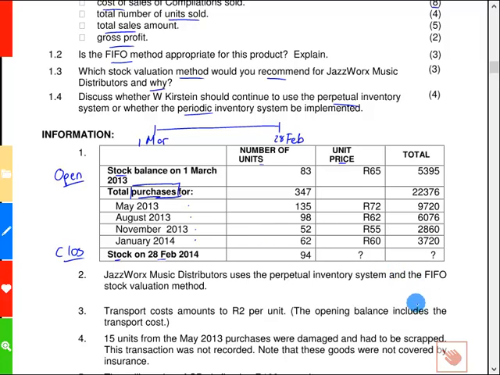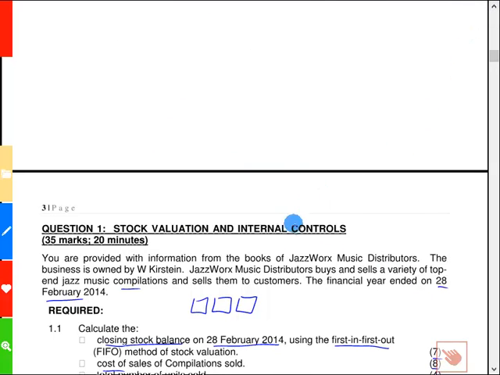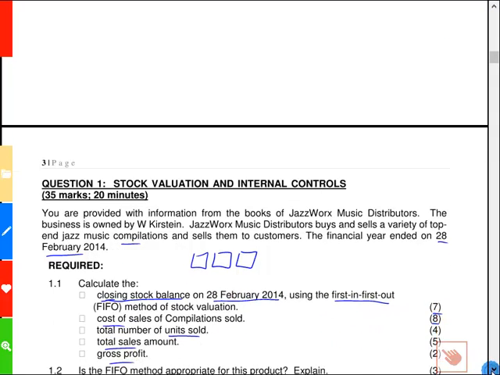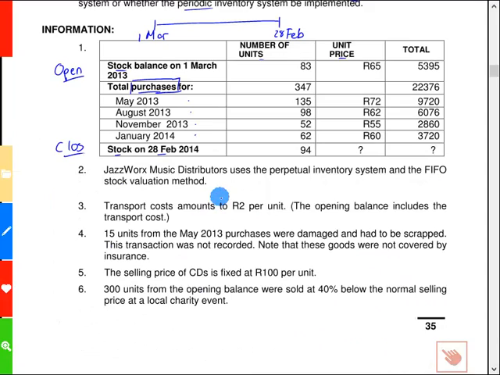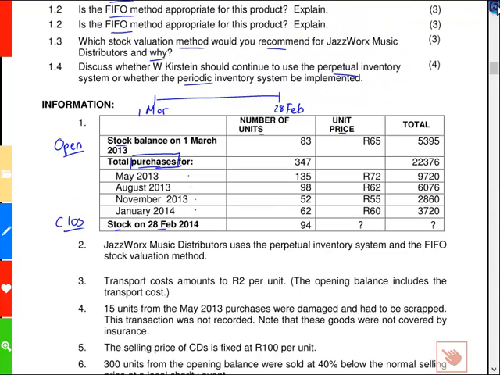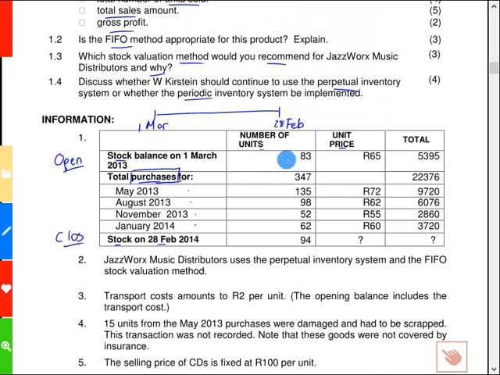Alright, so now our question says we need to calculate the closing stock balance on 28 February 2014. So what does the FIFO method say? First in, first out. So of all the units listed here, which ones are going to be sold first? Yes, the March 2013. These ones here will be sold first.